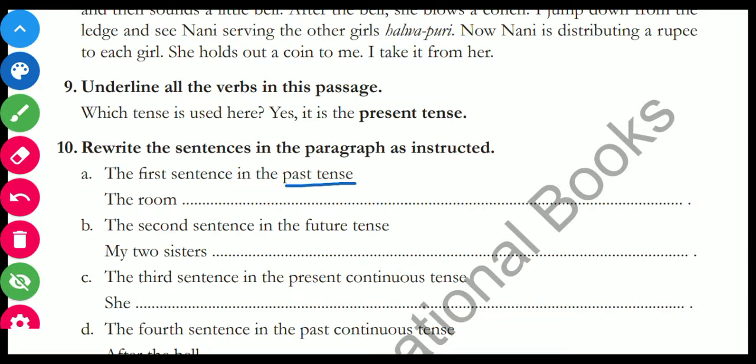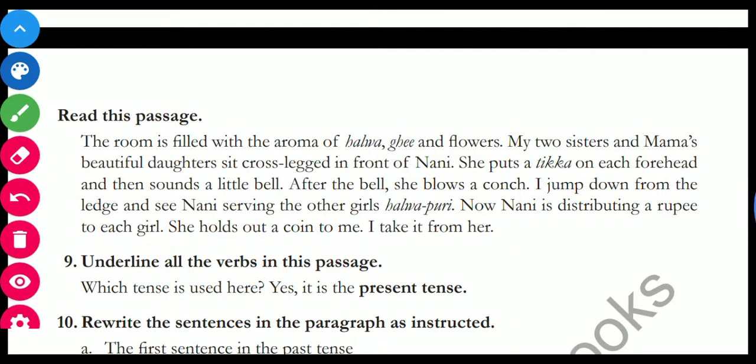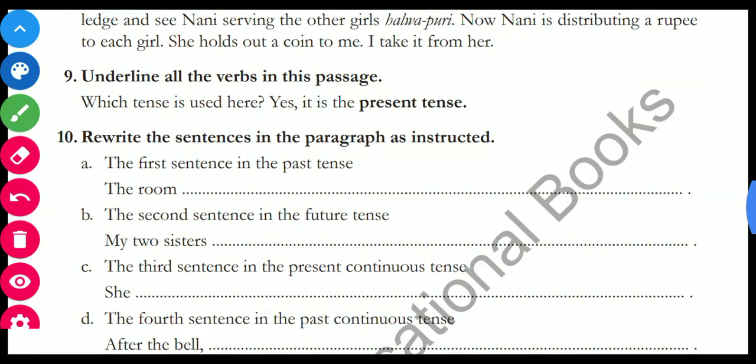Okay, so the room हमें past tense में चेंज करेंगे तो क्या होगा? The room, this is would change into was. So the room was filled with the aroma of halwa, ghee and flowers. This is how you have to change the tense.